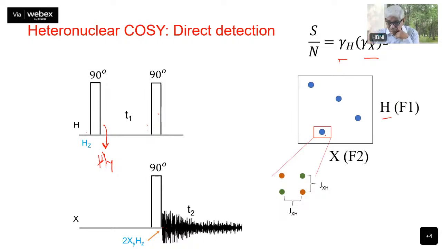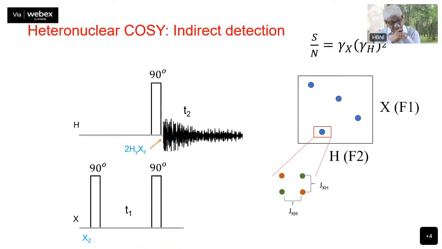If I take any of these peaks, I will have the same sort of COSY type of pattern here, plus minus minus plus, plus minus minus plus, and this separation will be JXH, and this separation also will be JXH. So it's very similar to the COSY, except that I don't have the diagonal, I only have the cross peaks. Okay, so this is what happens if I excite the proton and detect the X nucleus.